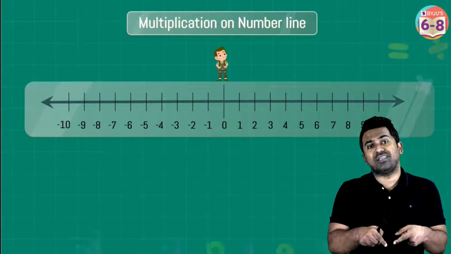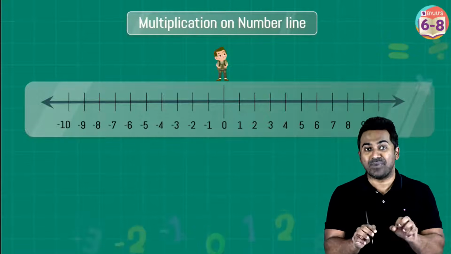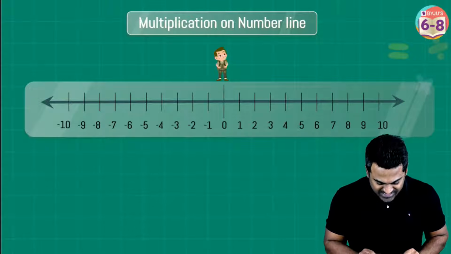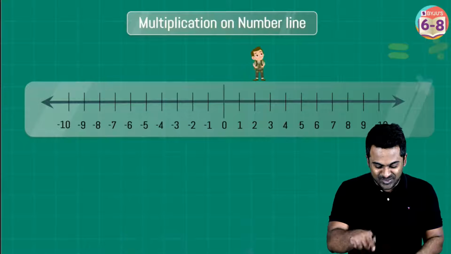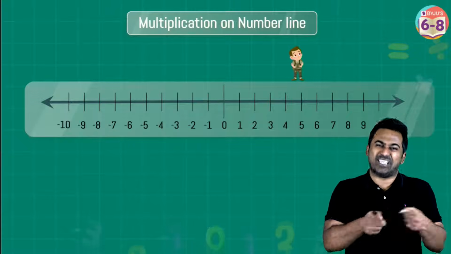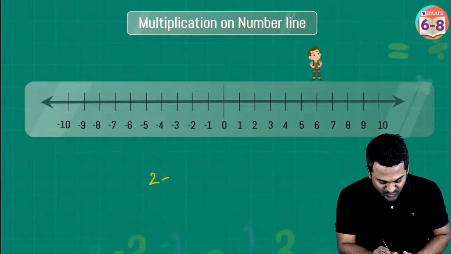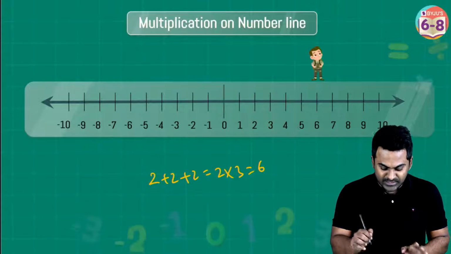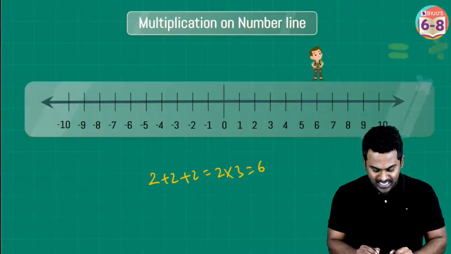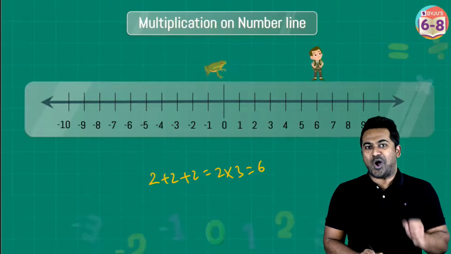Then you had also learned multiplication on a number line, right? Now let me slide this guy around, and he's gonna do a slow slide from 0 to 6. You know, the same concept that we covered earlier. He's gonna do this 2 plus 2 plus 2, which we wrote as 2 times 3, which was 6. So he came from 0 to 6. Now let's do the hopping.